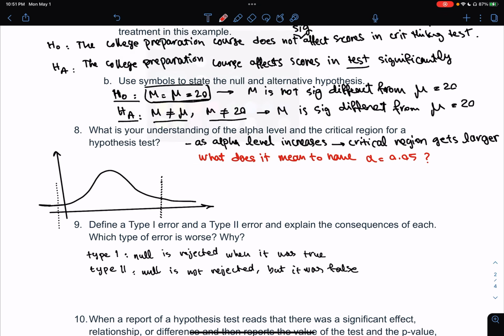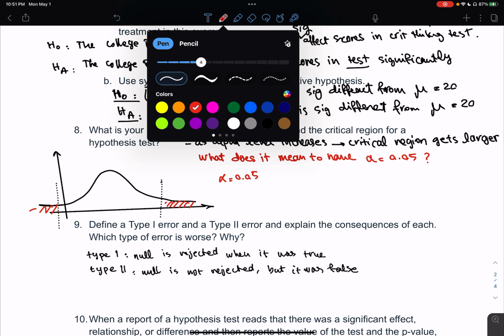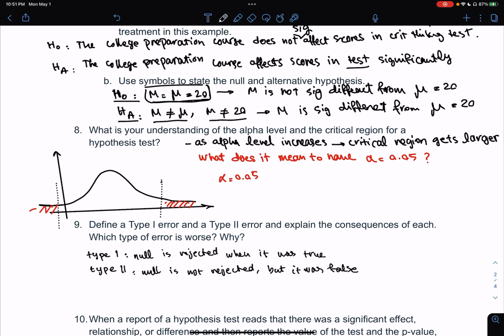So we have this area as the rejection area.